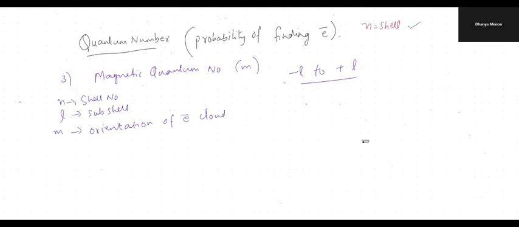It also represents the number of orbitals. And the value of m ranges from minus L to plus L.